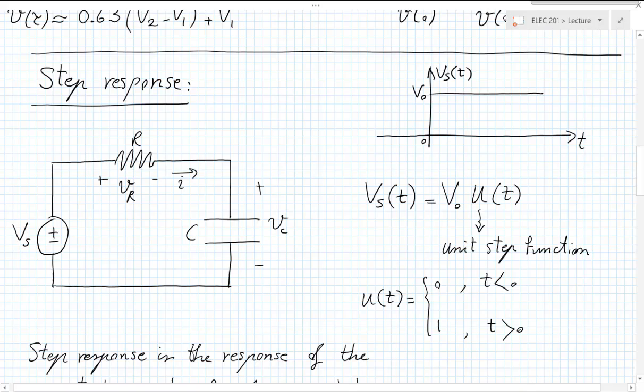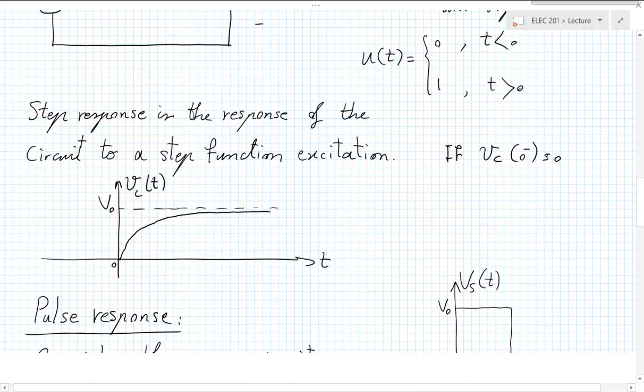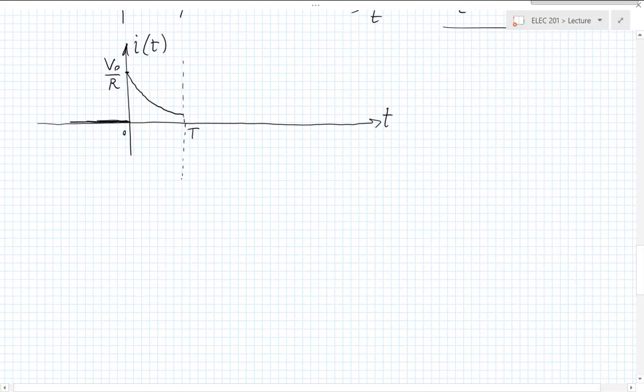So you have Vc of T here and a resistor there. So the current will be in the other direction, Vc of T divided by R, and in the other direction, meaning negative. So at this point, this will be the value of the current.